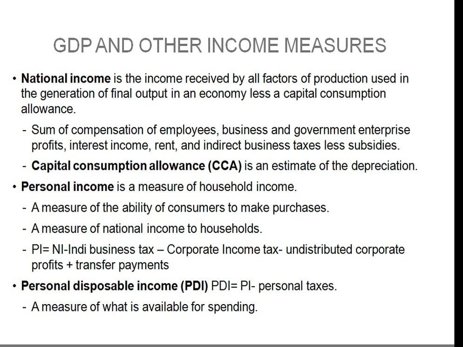So GDP minus the capital consumption allowance, which we simply call depreciation, gives us national income. The capital consumption allowance is the estimated amount of depreciation, so we subtract it from GDP to get national income.